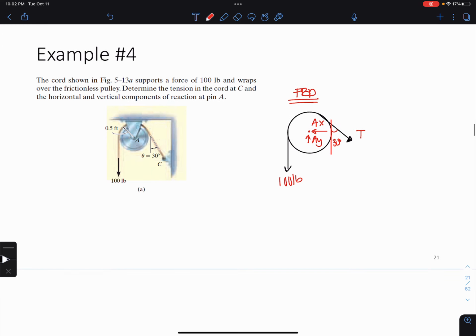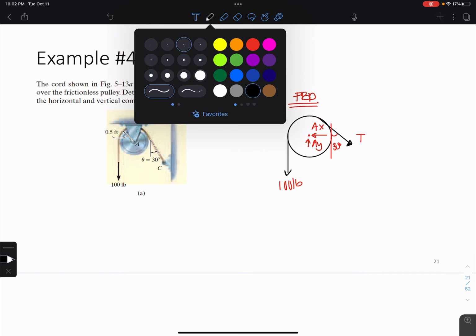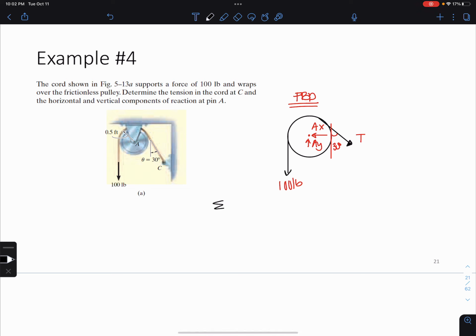Now if I want to apply equations of equilibrium here, I can start by summing moment at point A, setting it equal to 0, saying counterclockwise is positive. I end up getting the 100-pound force times a moment arm of 0.5.